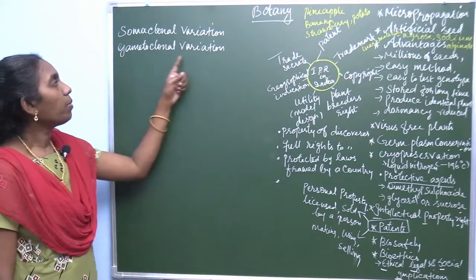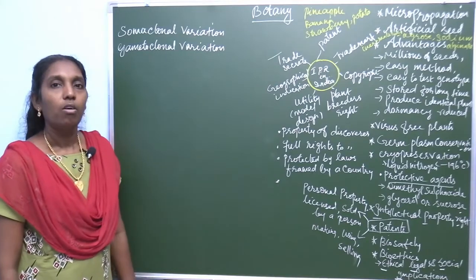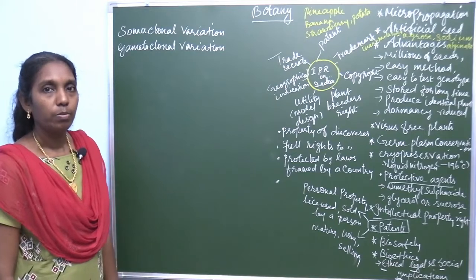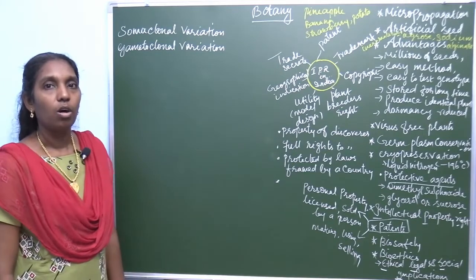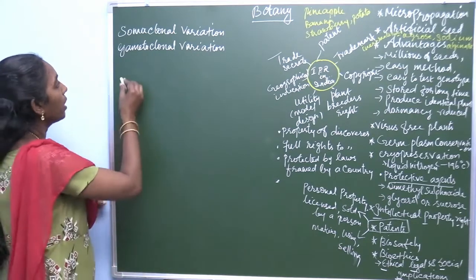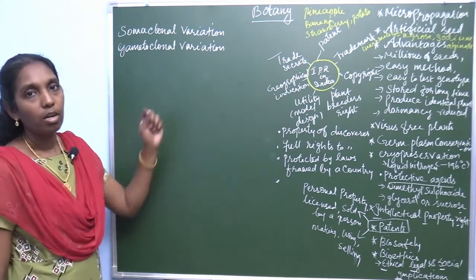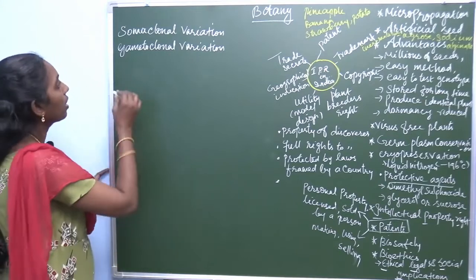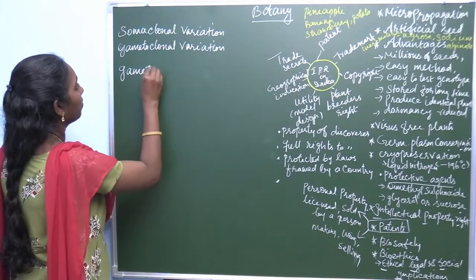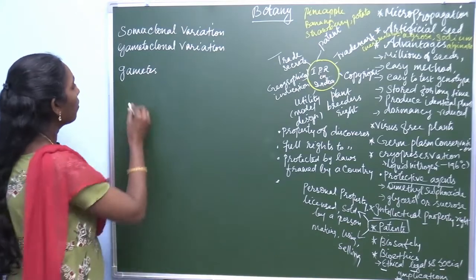Likewise, gametoclonal variations are variations in the plants produced by a gamete or gametophyte. Here the gametes may be either male gametes or female gametes. So gametoclonal variations are observed in the gametes or gametophyte.